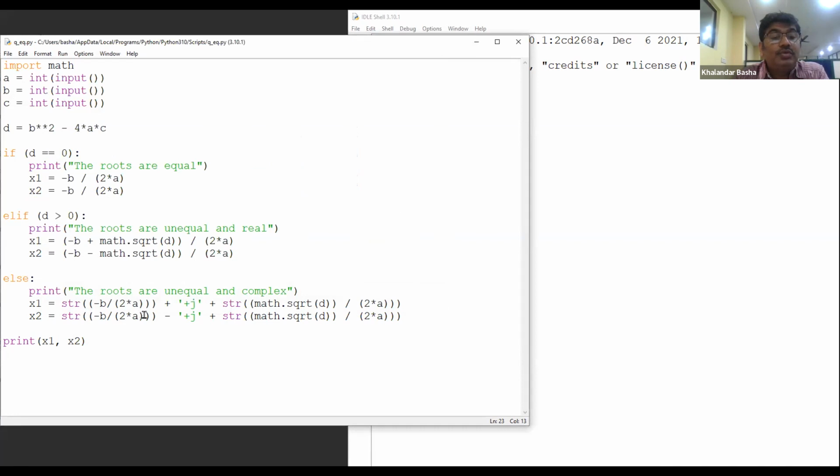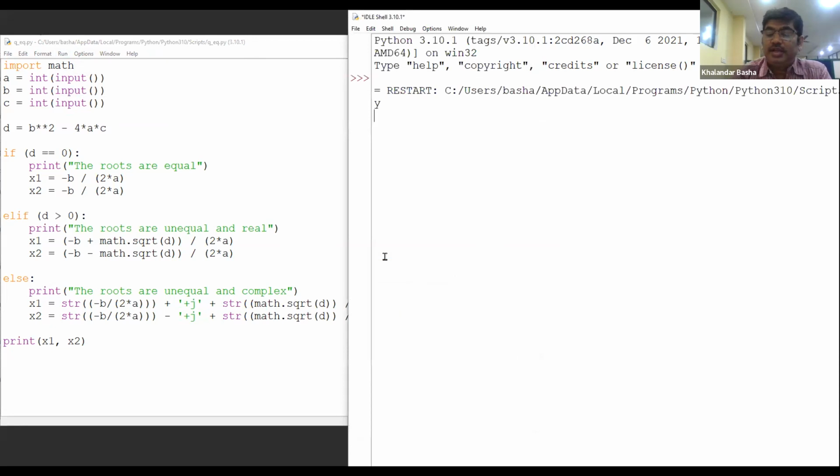Here we will enter some random values: 4, 9, 6.